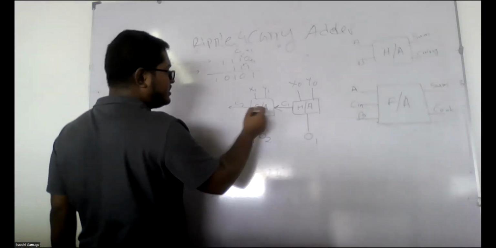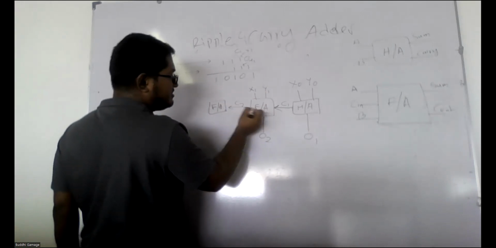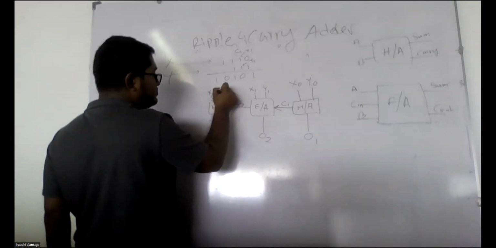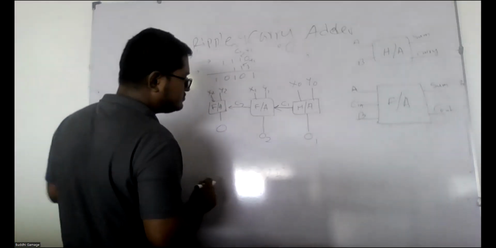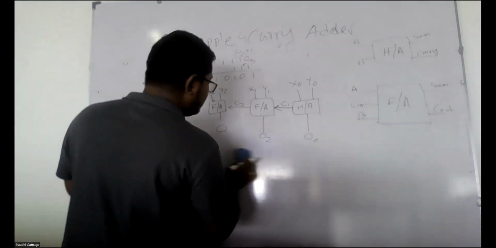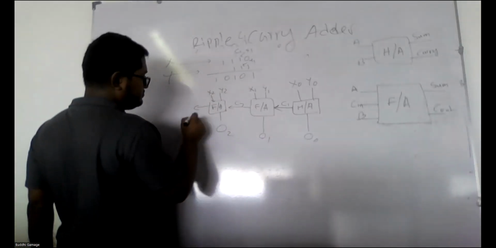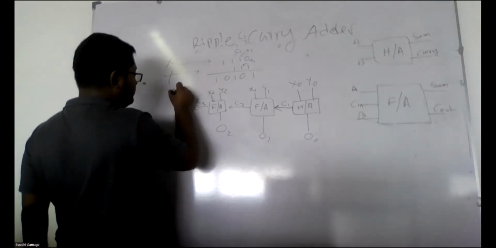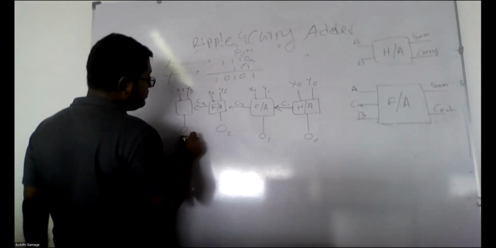That means we are passing this to here. And from this one again, this will be a full adder since there are 3 inputs. X2, Y2. O0, O1, O2, C3, X3, Y3, O3.